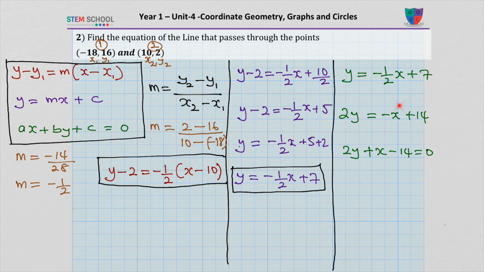Moving the right-hand side to the left, I get 2y plus x minus 14 equal to 0. Rearranging, I write x first: x plus 2y minus 14 equals 0. So a is 1, b is 2, and c is minus 14. So that's the final way of presenting the linear equation.